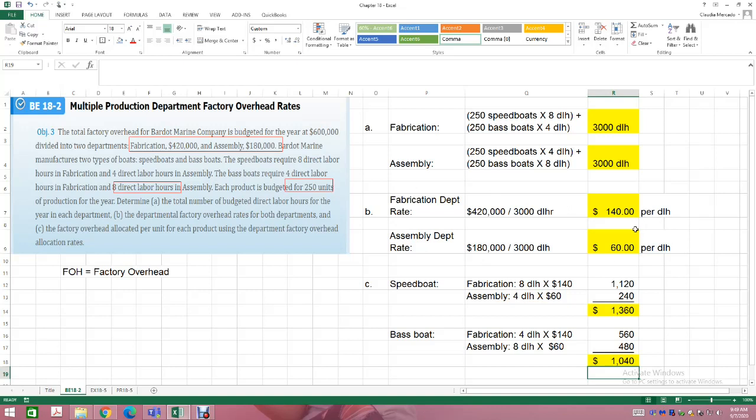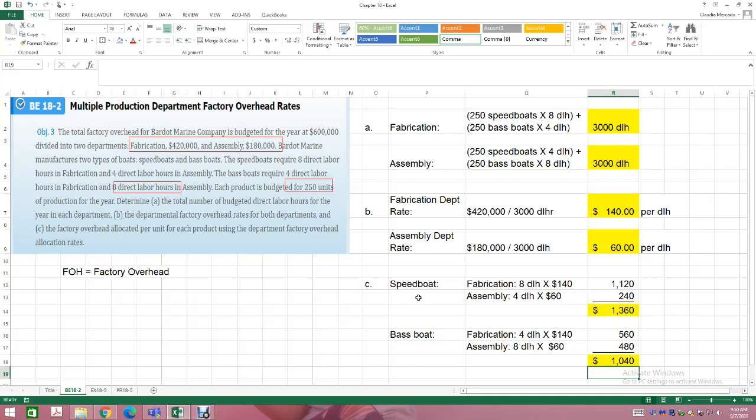So now at part B, I know that for every hour that we have that boat in the fabrication department, we're going to charge $140. And every hour that we have them in the assembly department, we're going to charge that particular product $60. Last but not least, they're asking us how much we are going to allocate in factory overhead to manufacture a speedboat and a bass boat.